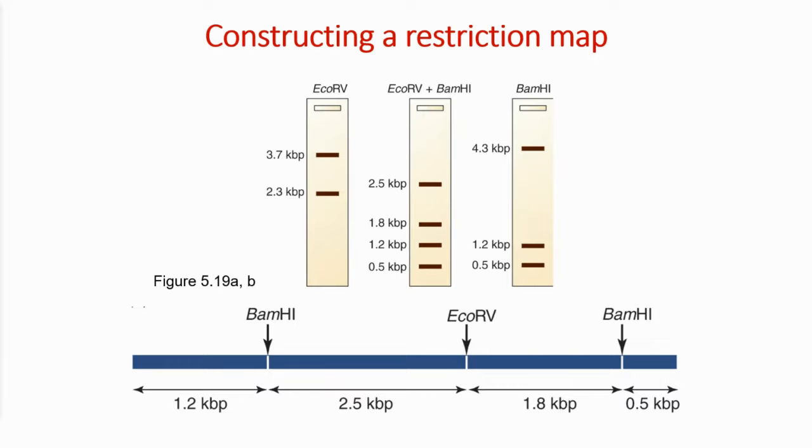So inside here you should have a 4.3, and then on both ends, you should have 1.2 and 0.5. And then you will find 0.5, 1.2, and in between here is 4.3. So this is how you interpret the restriction map.